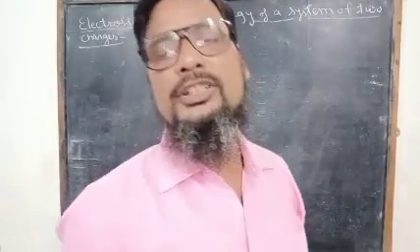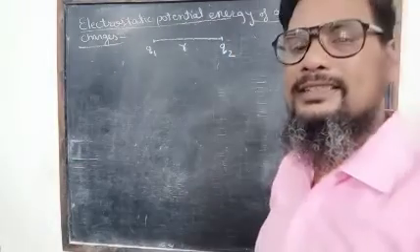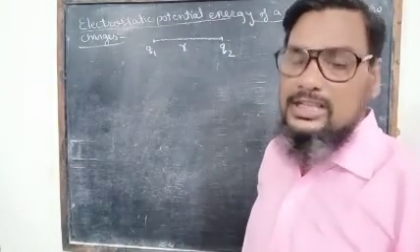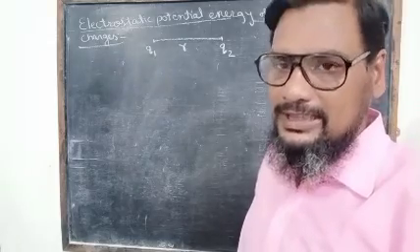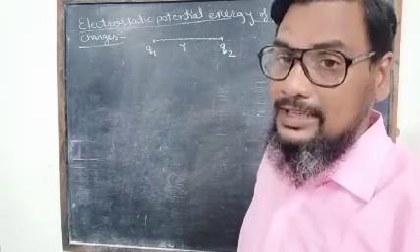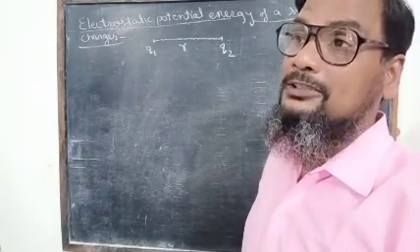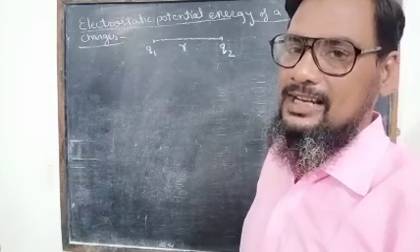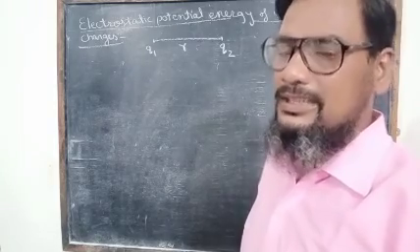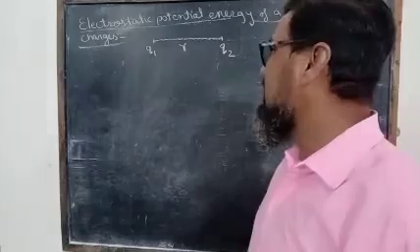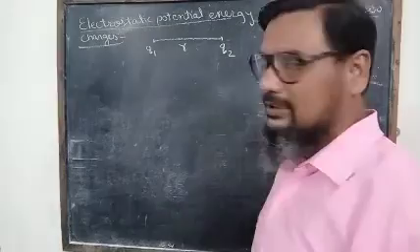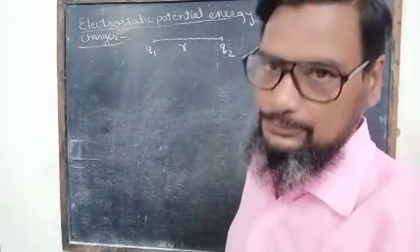Then the potential energy of the system will be the work done in displacing either charge from infinity to this distance r, which is equal to the electrostatic potential energy of the system.